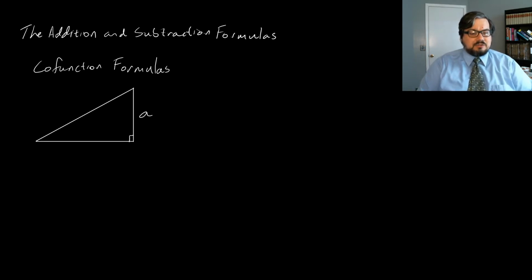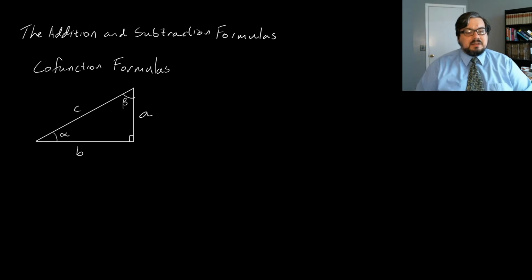So let's take a triangle like this. I'll go ahead and label the sides A, B, and C. I'll label this angle alpha, this angle beta. And now what I want to do is look at sine of alpha and compare it to cosine of beta. Now sine of alpha is the opposite over the hypotenuse.